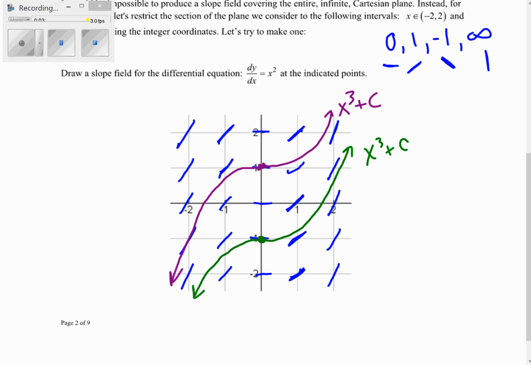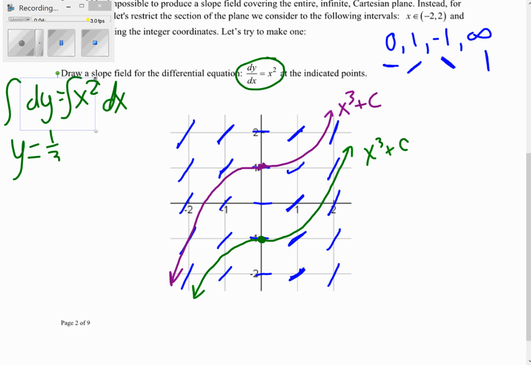For this one, because it's a simple equation, we know the antiderivative, and remember, we write that as a separable differential equation. If we integrate this, we get y equals 1/3 x cubed plus c. So that is our general solution, and this is the family of solution curves graphically.